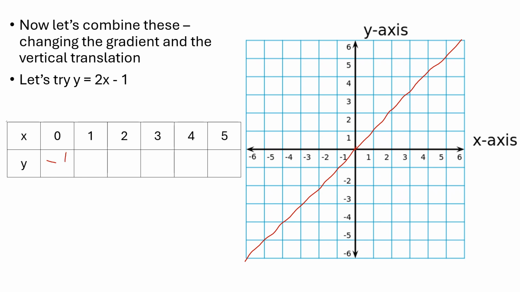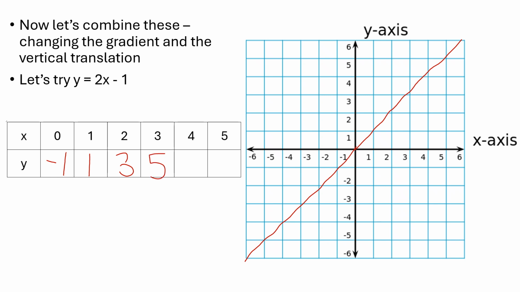So that would go minus 1. The next value, x is 1, multiply it by 2, take away 1. The next value, multiply it by 2, so that's 4, take away 1, 3. 3 times 2 is 6, take away 1, 5, and so on.